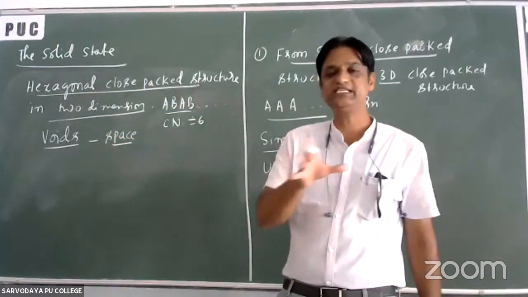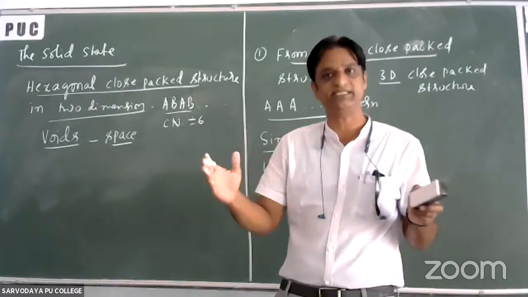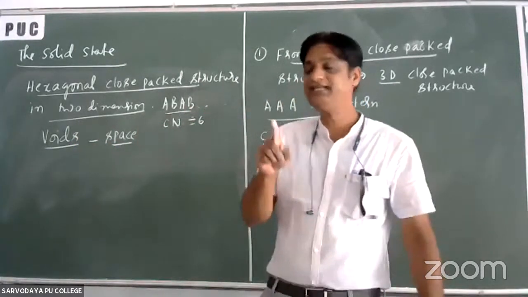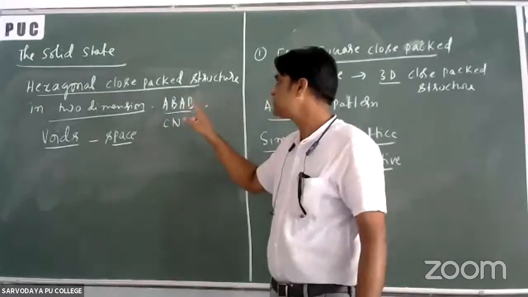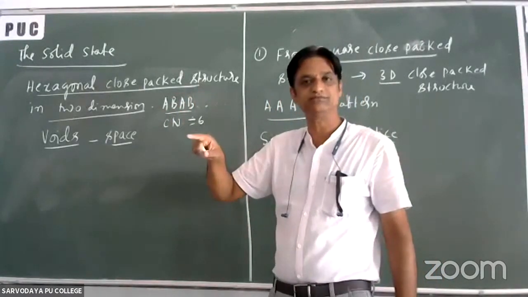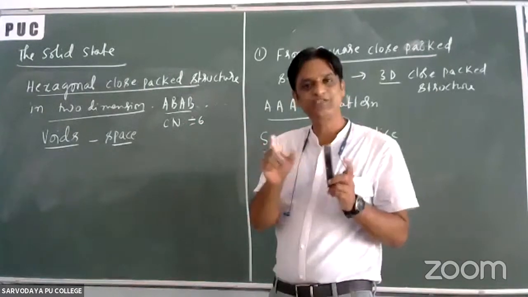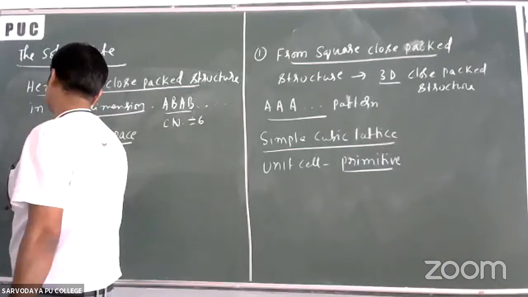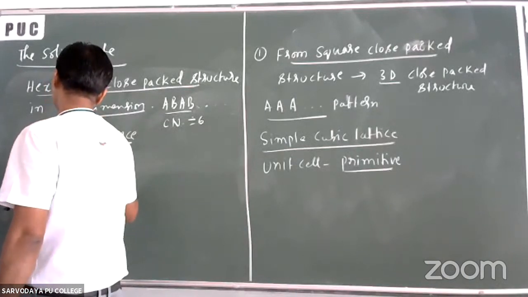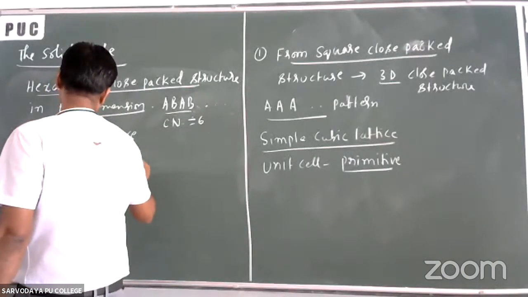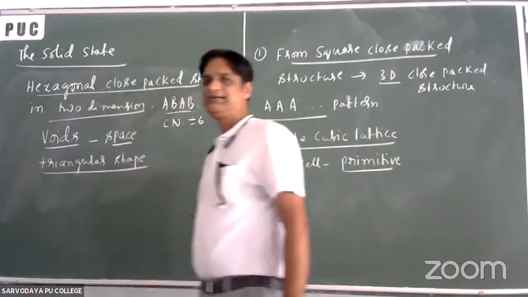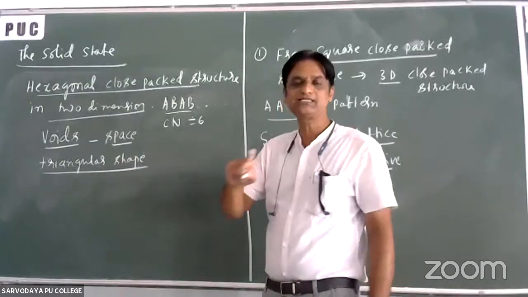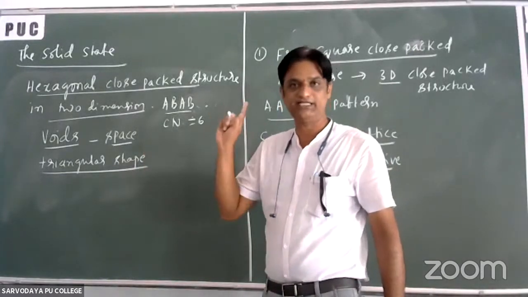So space which is present between the spheres or particles is called a void. And in case of hexagonal close packed structure in two dimensions, the voids which are generated are triangular in shape. So the voids are called triangular voids.